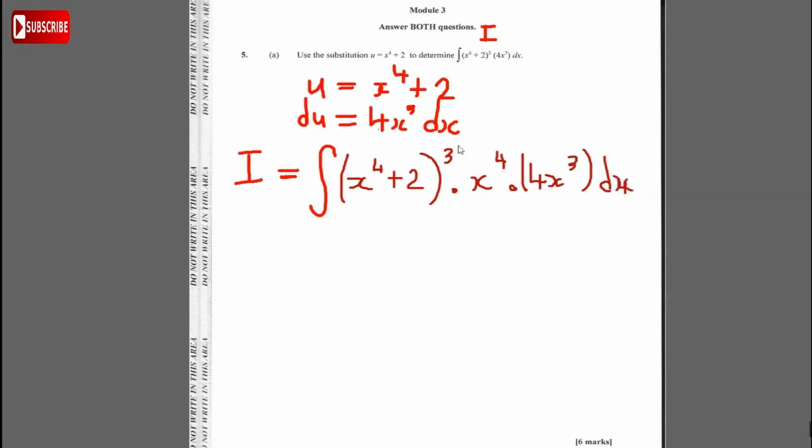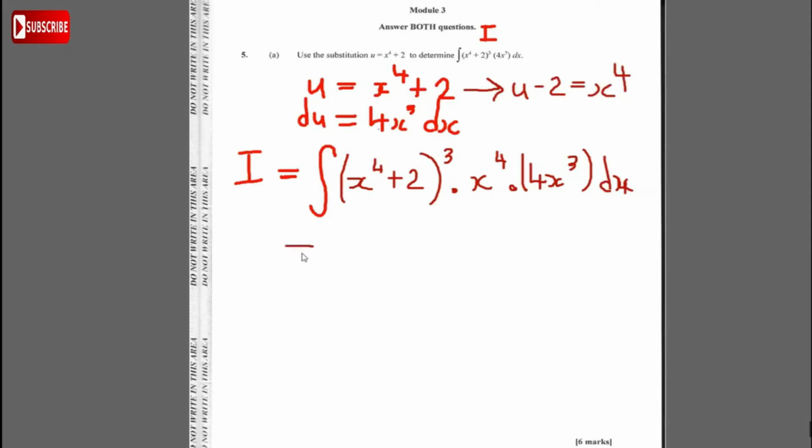This part is u cubed. Now if x to the 4 plus 2 is u, then x to the 4 by itself is just u minus 2. That implies that u minus 2 equals x to the 4. You'll see it better when we substitute.